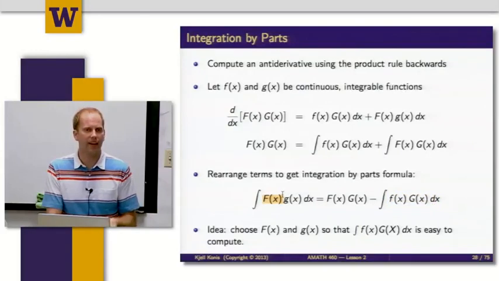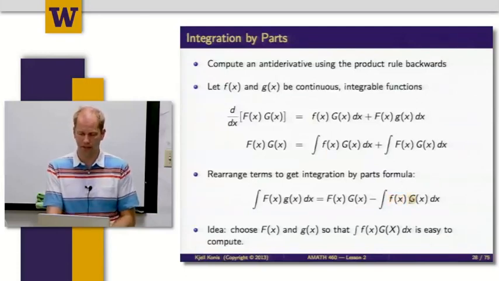The easiest thing that I could ever have here would just be an x, because if I took the derivative, if this was x, little f of x is going to be a constant, and I can take my constant outside my integral sign, and then I would just have to integrate capital G of x.